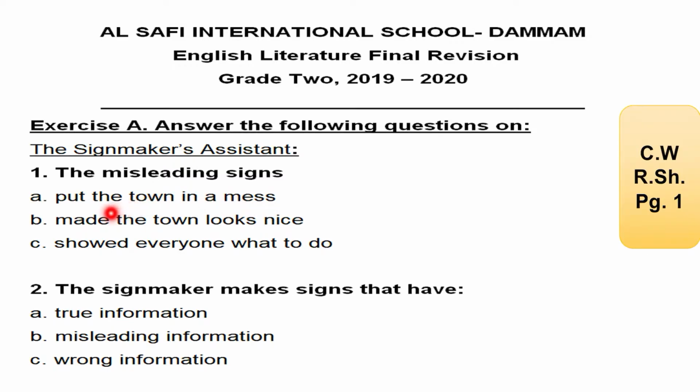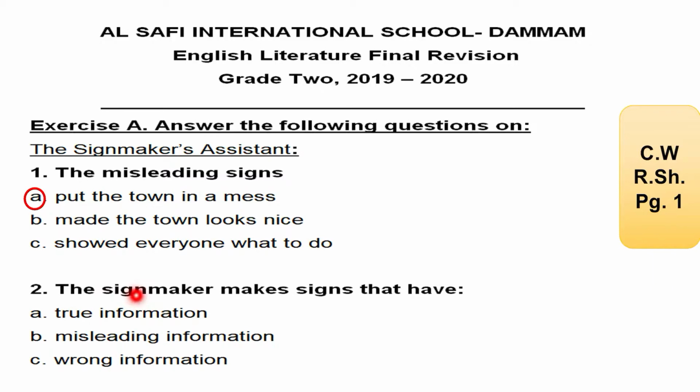The signs that Norman made, the misleading signs, give us wrong information. For sure, grade 2 students, yes, they put the town in a mess. All the people in the town were confused and hurt because of Norman's signs. Yes, naughty Norman, excellent, grade 2 students.